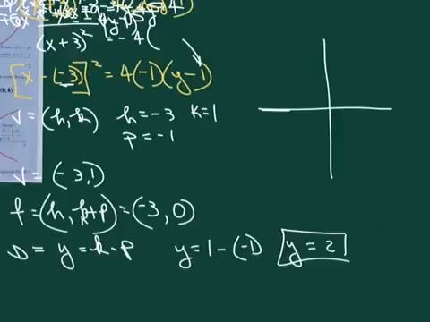Alright, so what do I have? My vertex is at negative 3, 1. And my focus is at negative 3, 0. So that being the case, I know that it's going to open down because my vertex is above my focus, and my directrix is at y equals 2.